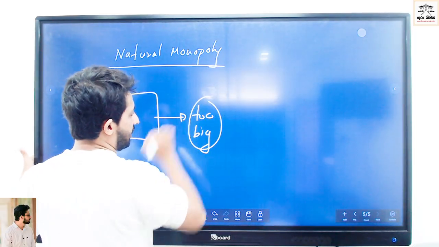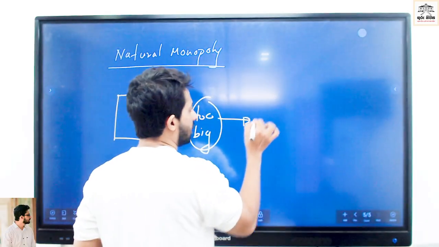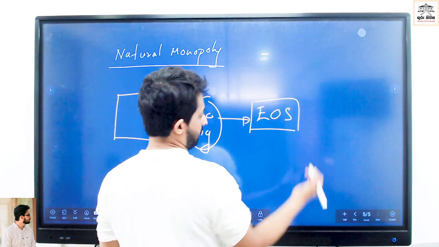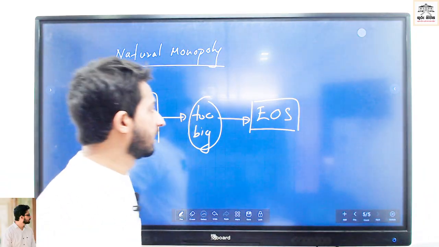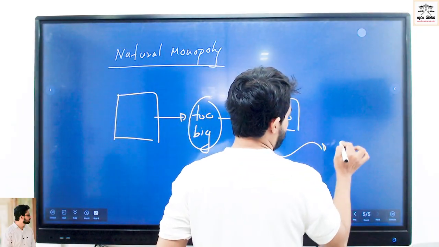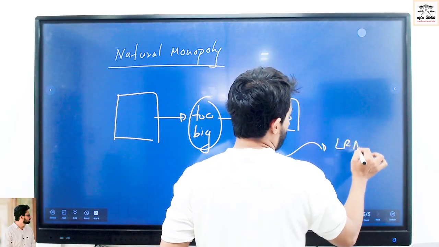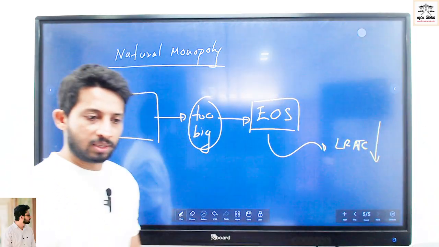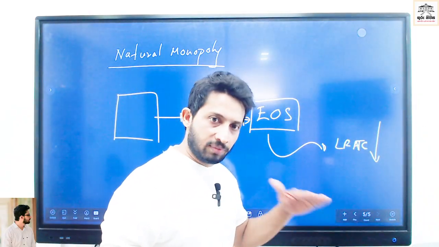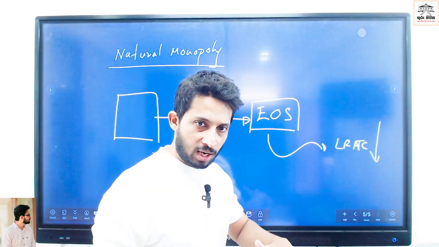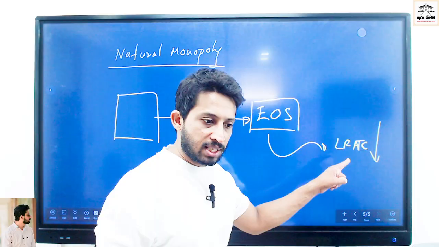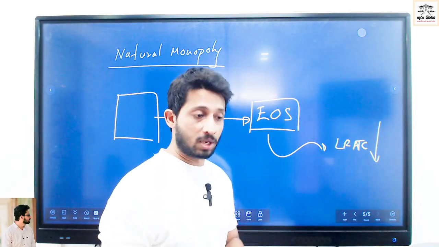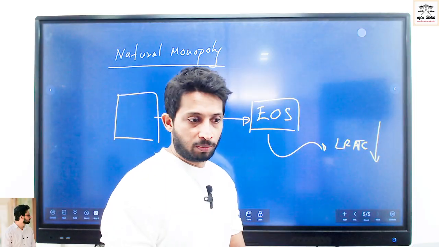When production capacity is too big, they can get the advantage of economies of scale. Due to economies of scale, long run average total cost, LRATC, starts to decrease. Simple idea: the existing firm in the monopoly market can produce goods and services at the lowest possible cost. This is called natural monopoly.